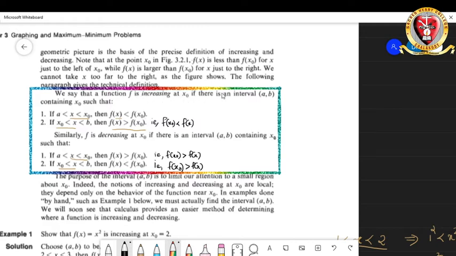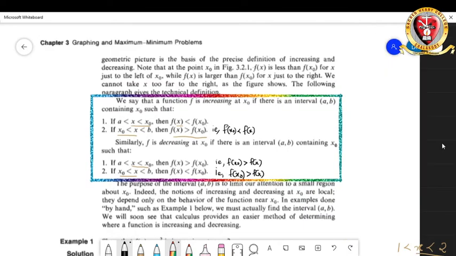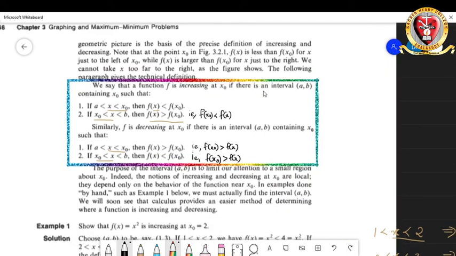If there exists an open interval (a, b) containing x0 such that a < x < x0 implies f(x) < f(x0), and x0 < x < b implies f(x) is strictly greater than f(x0), that is, f(x0) < f(x), that will mean that the function is increasing at x0.